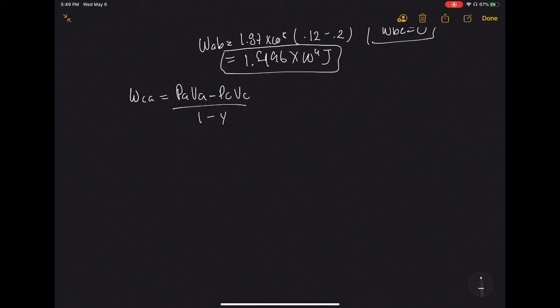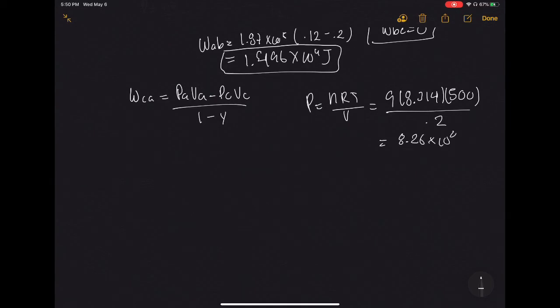I don't know the pressure at C, so I'm just going to solve for it the same way I did before. P equals nRT over V. So 9 times 8.314 times 500 divided by 0.2, that's going to give us 8.26 times 10 to the 4 pascals.